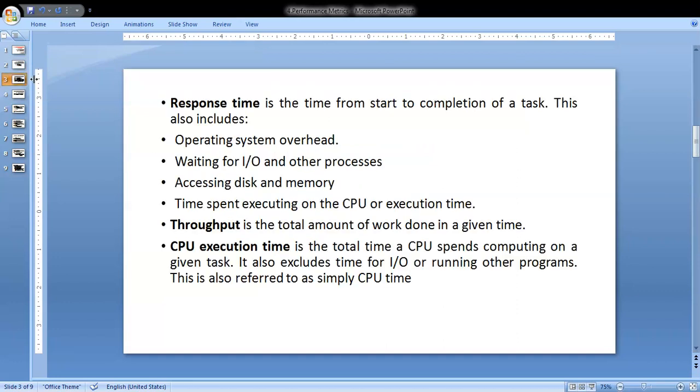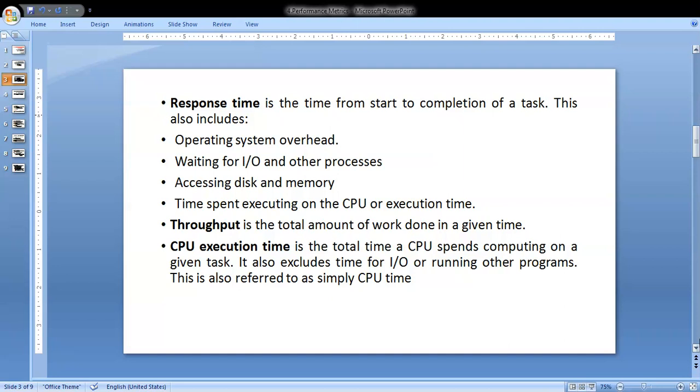So, what is response time? The response time is the time from the start of the work to the completion of the work. We can say it is the time duration between start and completion of a particular task. This also includes operating system overhead, how effectively the operating system is being utilized.